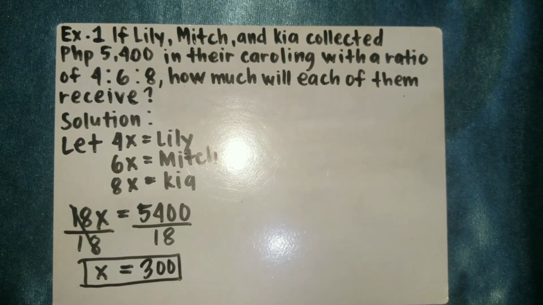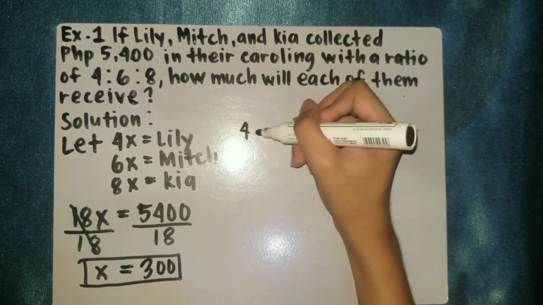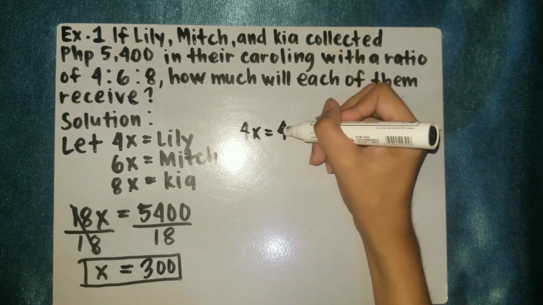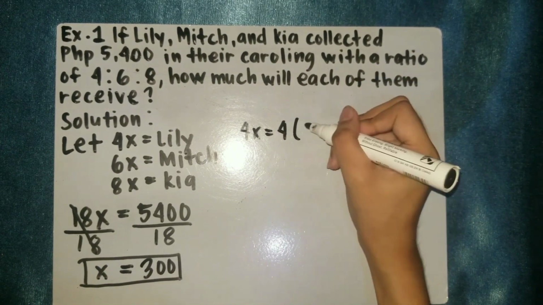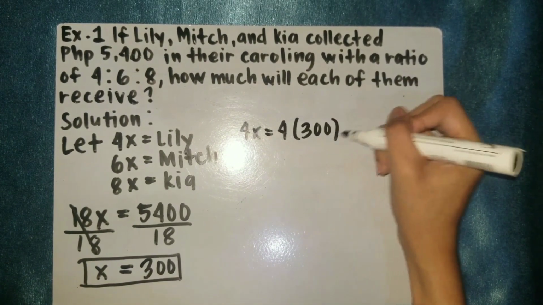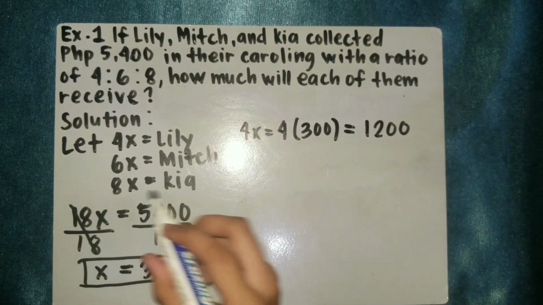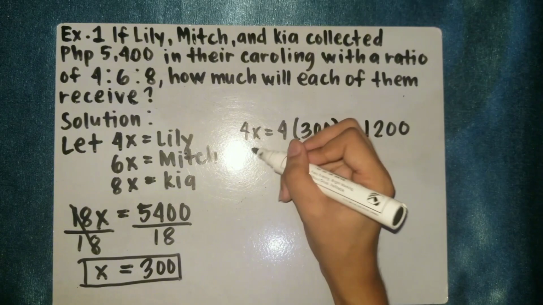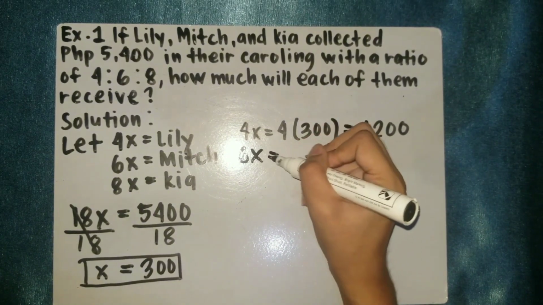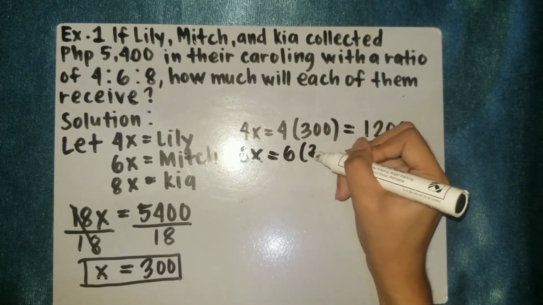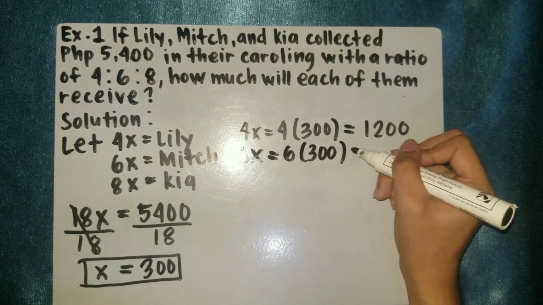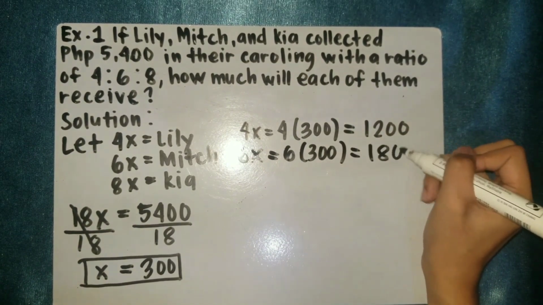Then next, isa-substitute naman natin siya. So, 4x equal 4 times 300, ito yung value ng x, equal 1,200. Then next naman is itong 6x. 6x equal 6 times 300 equal 1,800.